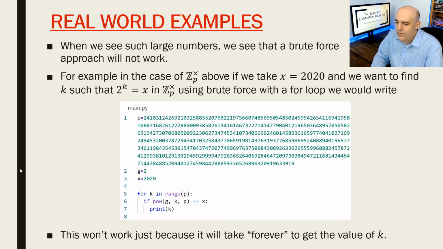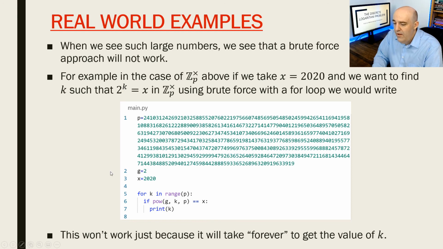Just to see maybe how you would even try this, it's ridiculous, but we can write it down. Let's take the prime p that was specified there, and we'll make up a value of x, let's say 2020. And remember, our generator g is 2. So there should be some value of k such that 2 to the power of k equals x.